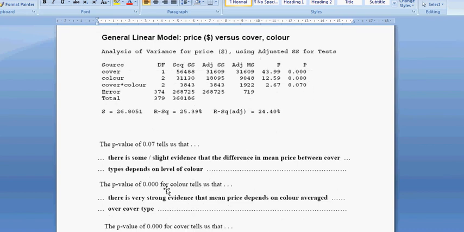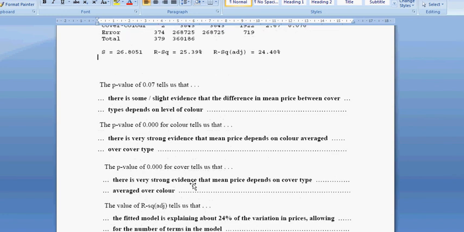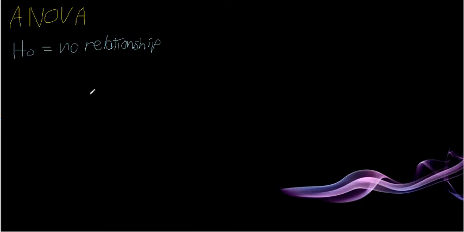Looking at this one here, I'll go cover first, we'll go down. Very strong evidence that the mean price depends on cover type. Once again, if something depends on something, it means that there's a relationship. If you remember in the last video, I drew a graph, and if there's a slope, it means there's a relationship.